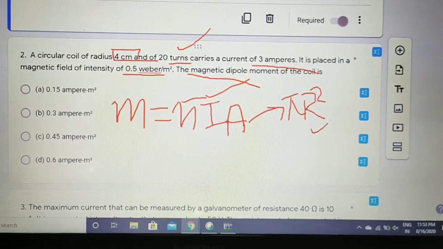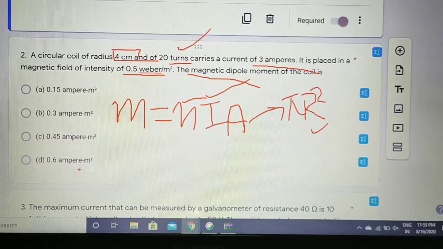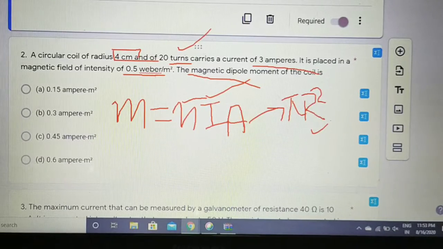After putting in all the values, we are just left with the calculation part, and you will get the answer among the four options. It is nothing but a simple calculation. To mislead the students, the value of magnetic field intensity is given here. It is of no use and is given just to mislead the students.